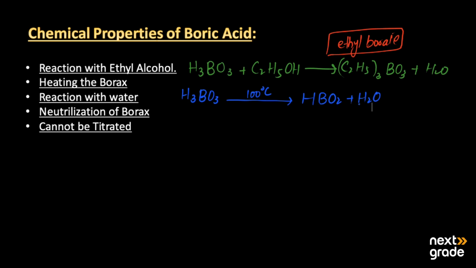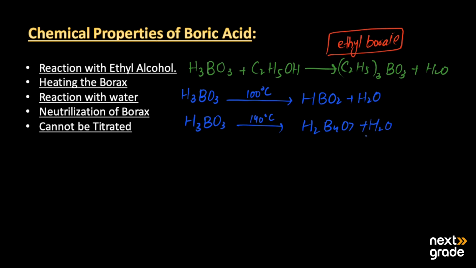After that, when we heat this acid H3BO3 and the temperature is 140 degrees Celsius, it changes into tetraboric acid, that is H2B4O7, along with the production of water molecules.